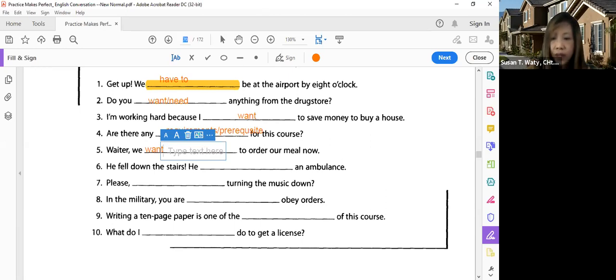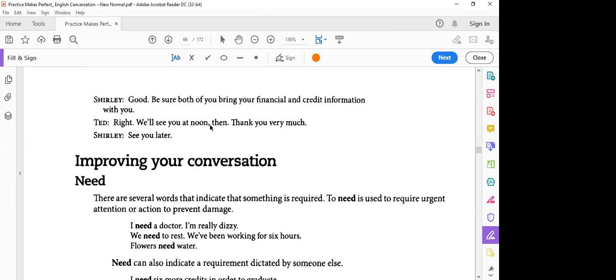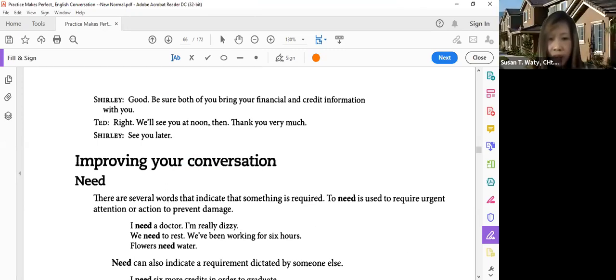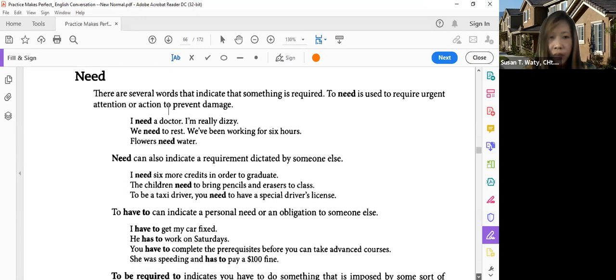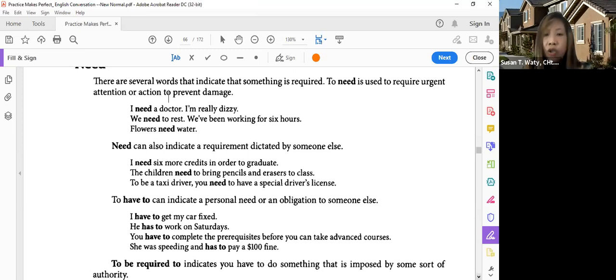Okay, let's check this together. Because need is used for something required, something that requires urgent attention. So this is not an urgent attention. Also, a need indicates a requirement. So this is not a requirement. So we cannot use need for that sentence.